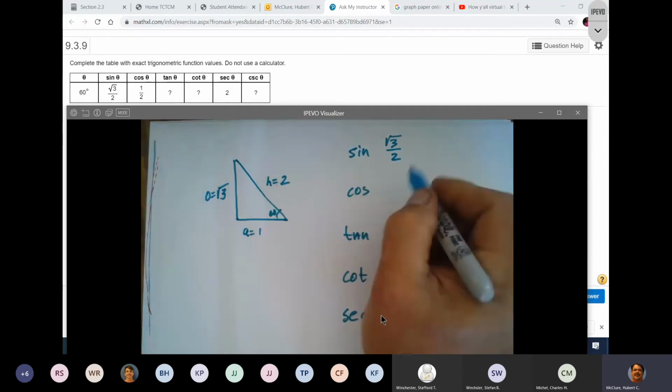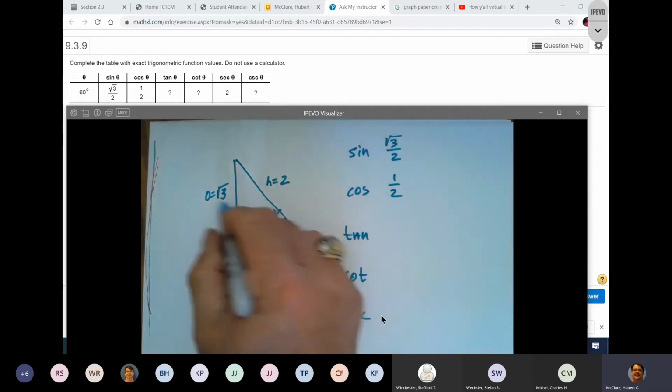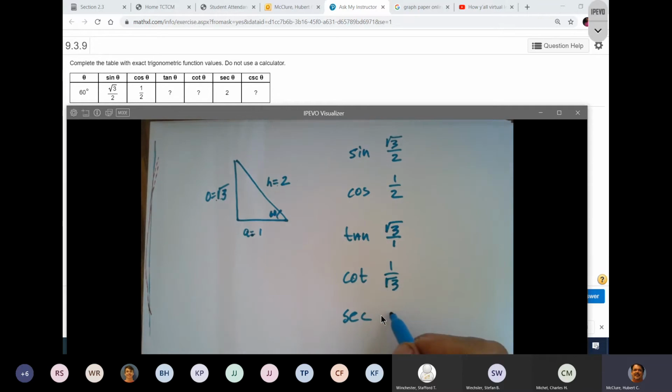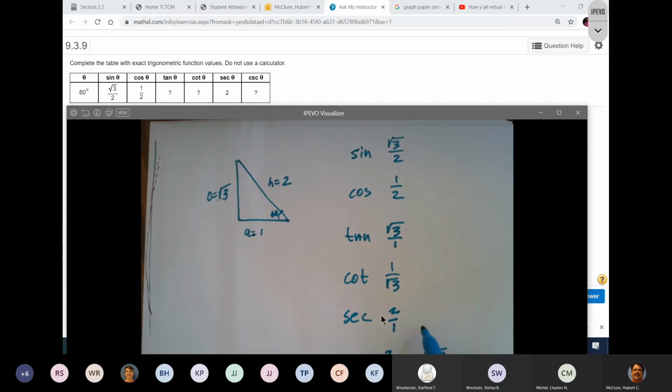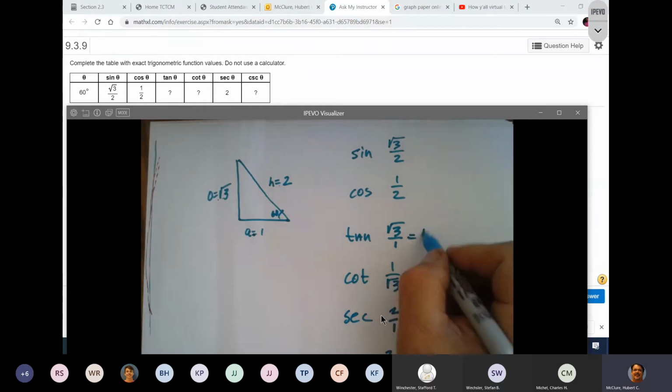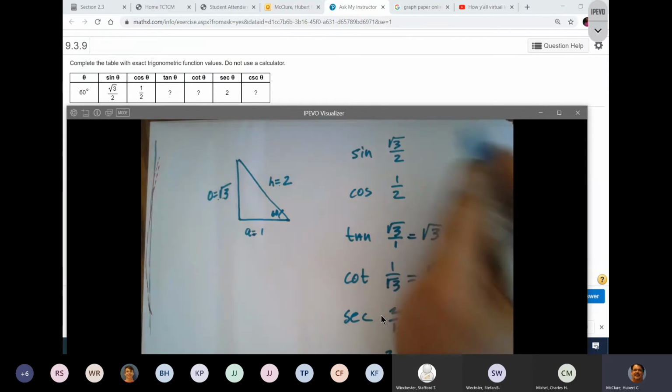A hunk of apple, 1/√3, 2/1, and 2/√3, which is equal to 2√3/3. And that's equal to 2. And this is equal to √3/3. And that's equal to the square root of 3, 1/2, and that.